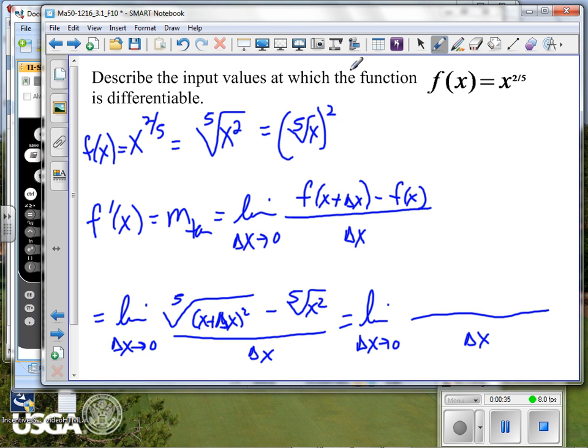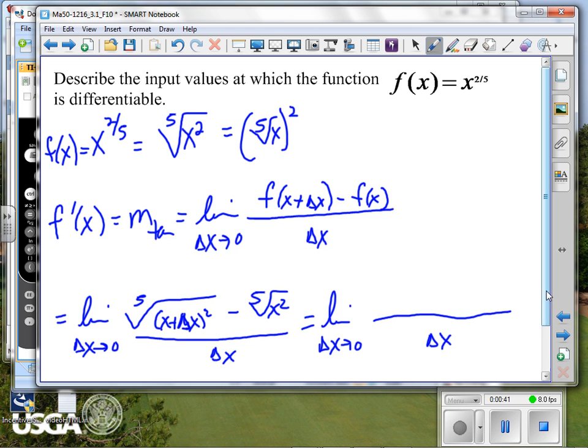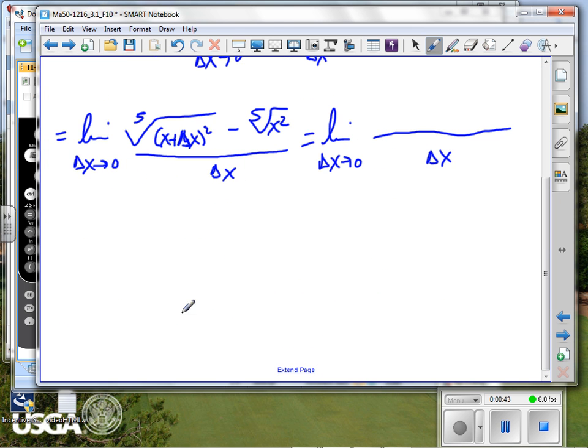But we've got a problem with that. Let's just do it this way. If I have the fifth root of a, we'll make it simple here, minus the fifth root of b, and I try to use the conjugate of that, we use the conjugate to do what?